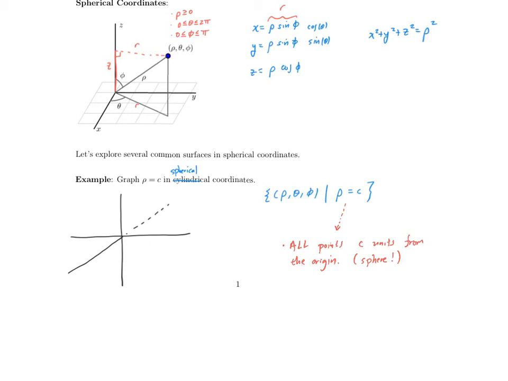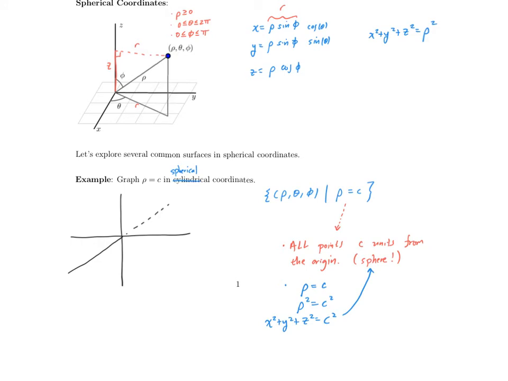And we can also hopefully see this very quickly in terms of a few computations. If we start off with rho equals c, and we square both sides, we'd have rho squared is c squared, which would be x squared plus y squared plus z squared is equal to c squared. So it's precisely this equation of a sphere.